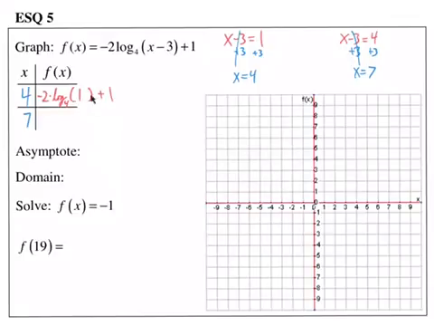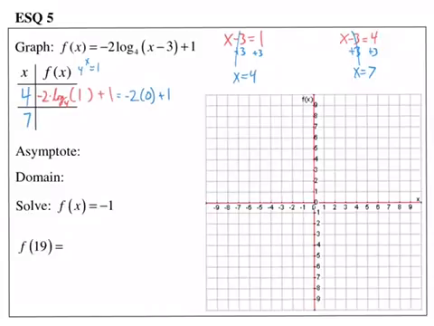Now, what does this equal? Well, I have to pause for a second and think, what does this log equal? 4 to what power is 1? Hopefully you can see that's 0.